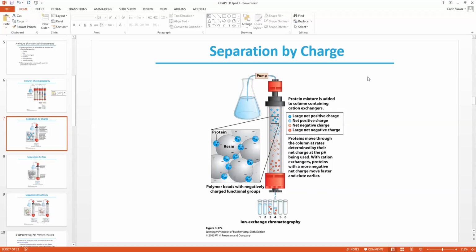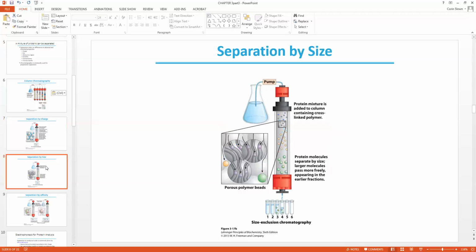And so these proteins then move through the column at rates determined by their net charge, so whatever pH is being used. If you have cation exchangers, proteins that have a more negative net charge are going to move through faster and elute earlier. And so we use these polymer resins to control the type of charge and charge interaction, which allows us to separate out proteins that have different charge species.